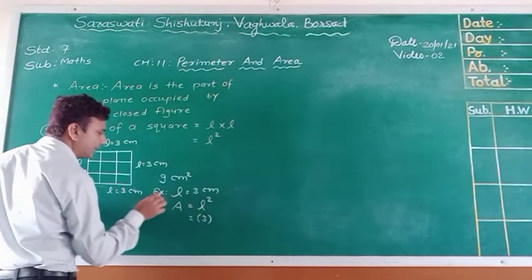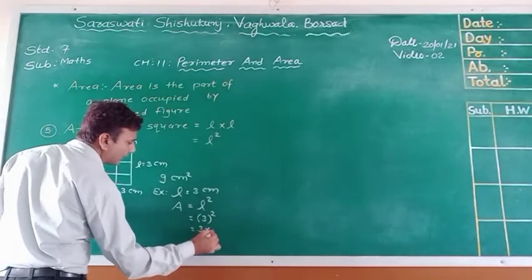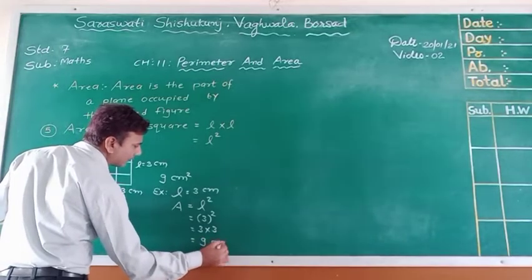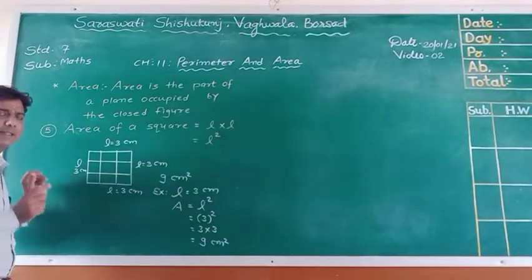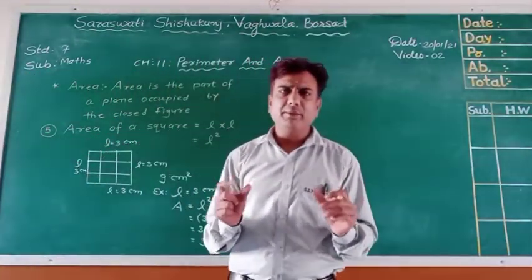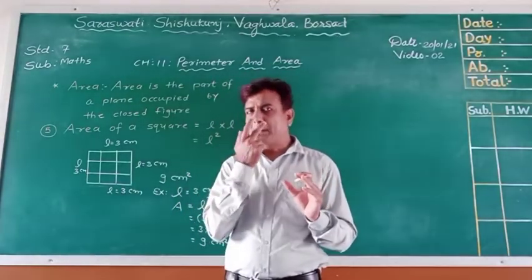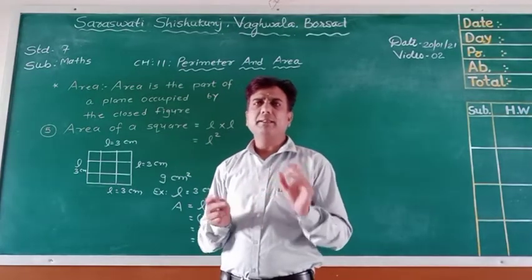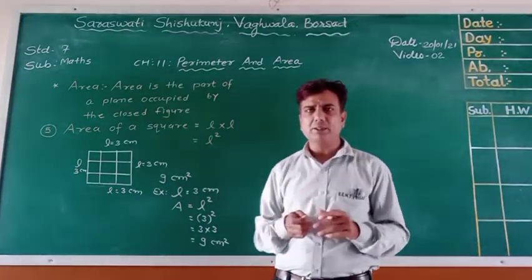L measurement given is 3 cm. 3 square means we have to write 3 two times. 3 threes are 9 centimeters square. So the simple formula to find the area of a square is L square, L into L. Then we can find its area very easily. So whenever a question asks to find the area of a square, we can use this formula: area of a square equals L square.